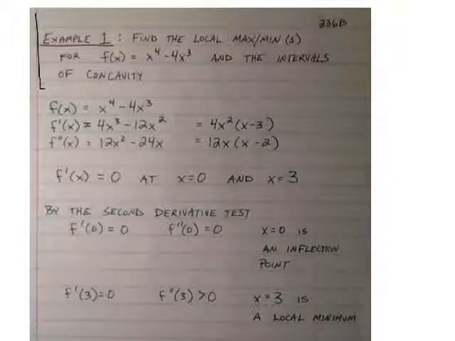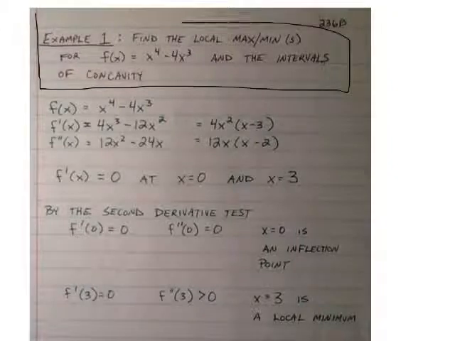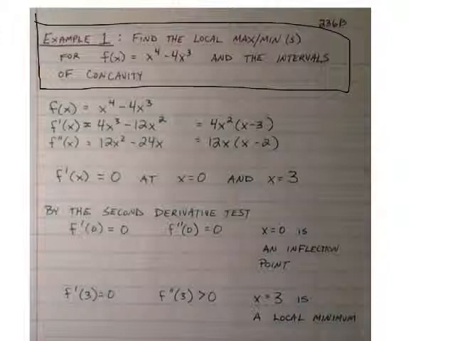In all examples, when I am going to talk about max mins, intervals, and sketching, and all the jazz that we're learning about right now, I always start off by writing f of x, f prime of x, and f double prime of x. So that way I can work with these functions.